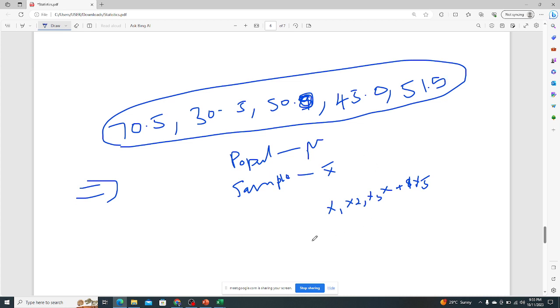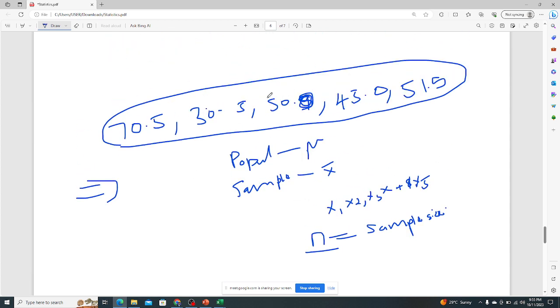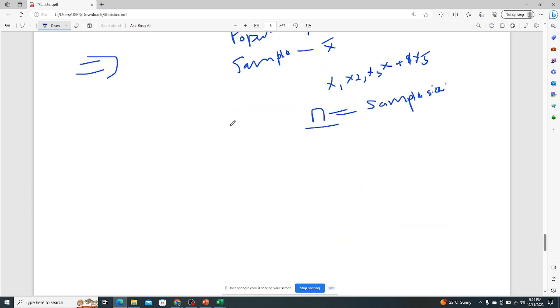The count we call n, which we usually term the sample size, the total count of values. So our sample mean, x bar, will be x1 plus x2 plus x3 plus x4 plus x5.